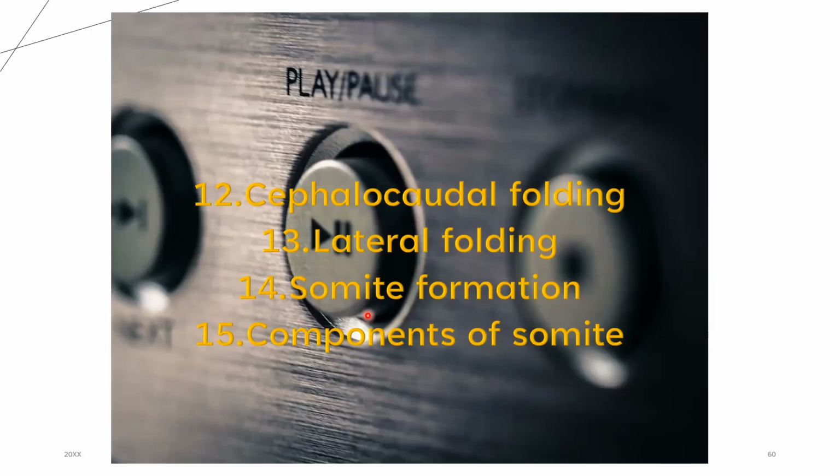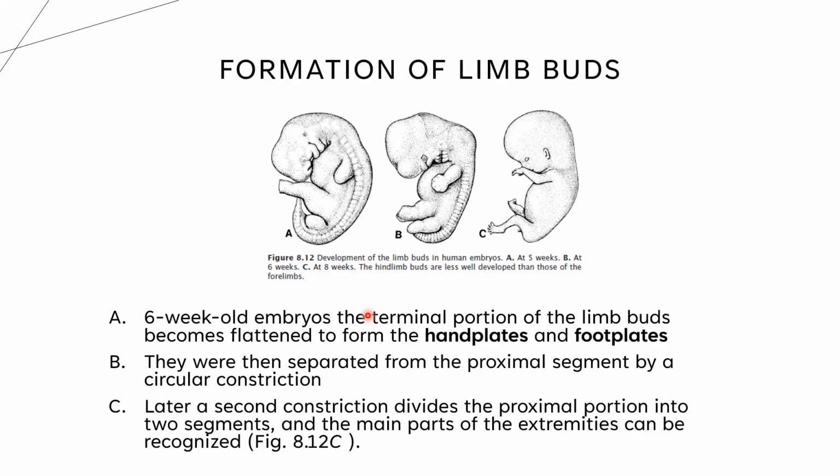Okay, you already learned cephalocaudal folding, lateral folding, somite formation, and components of somites. Now the very last part of this lecture, the formation of limb buds. In a 6-week-old embryo, the terminal portion of the limb buds becomes flattened and forms the hand plate and foot plate.